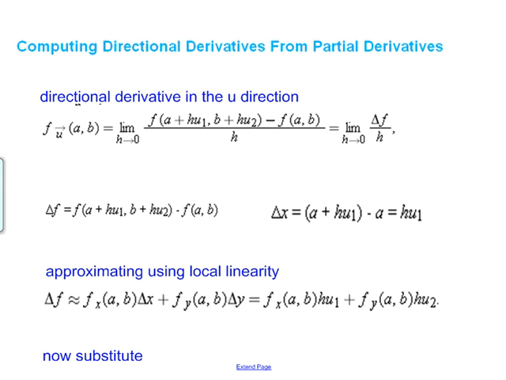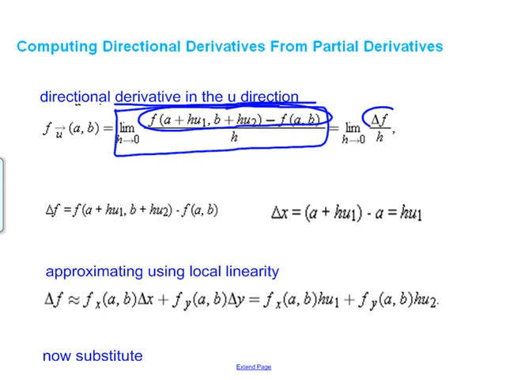But let's think about how we can find these directional derivatives a different way. Going through this proof, the directional derivative in the u direction is given right here. And this numerator is just our change in f.